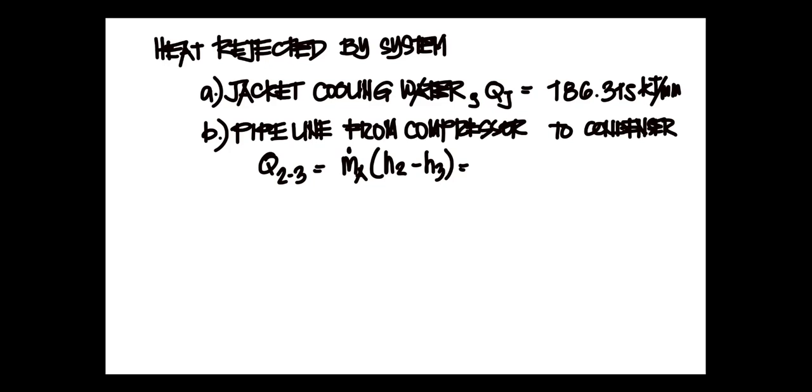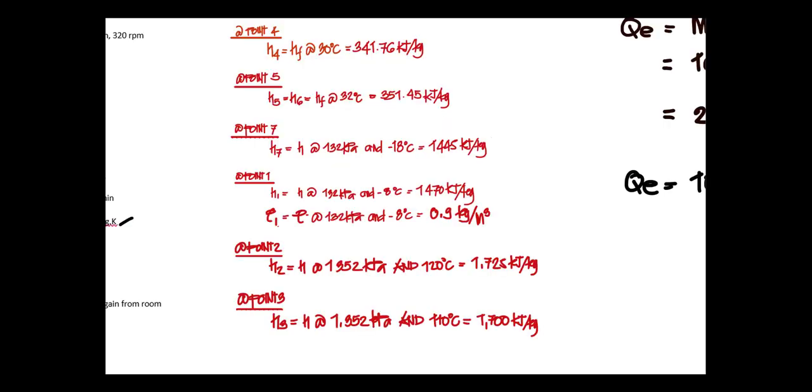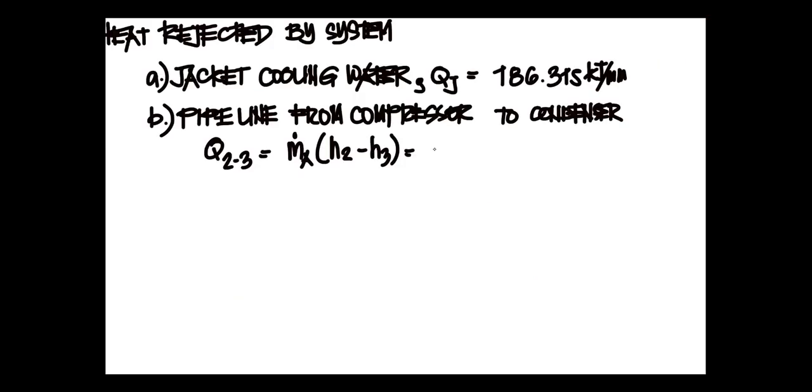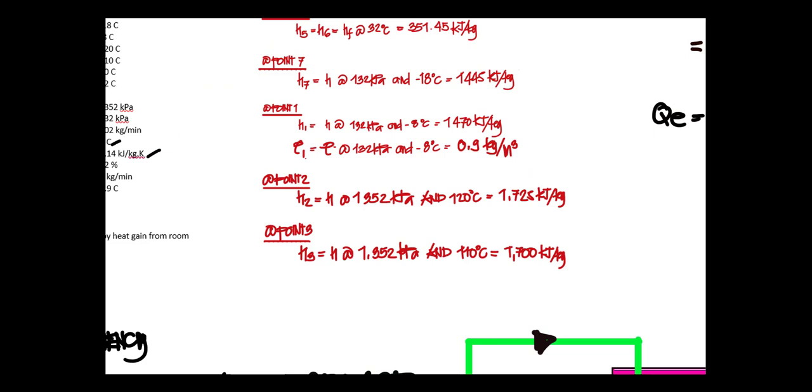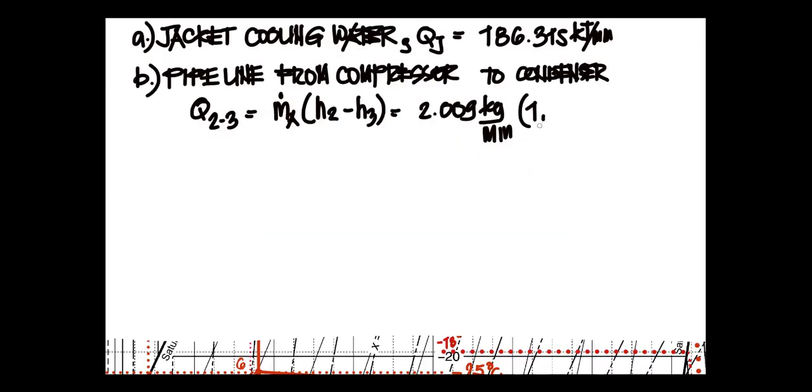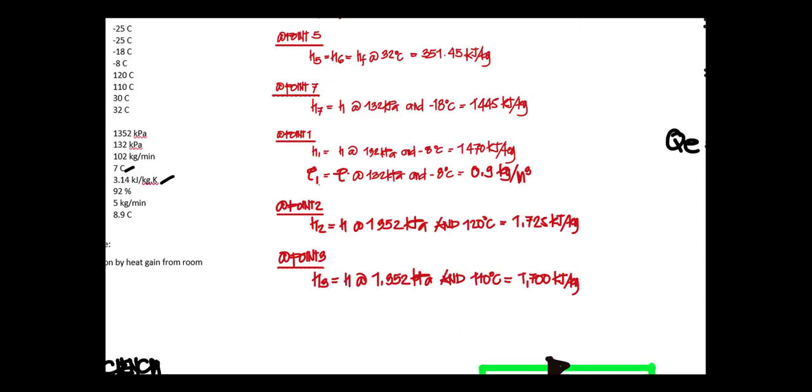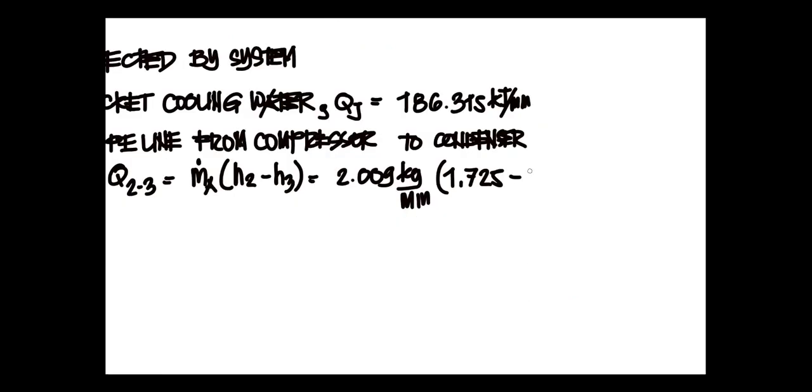So for the value of enthalpy 2, looking back from our data gathered, we have 1725. Our mass flow rate of ammonia is 2.009 kilogram per minute. Then we shall multiply it by 1725 minus the enthalpy at point 3. At point 3 we have 1700, kilojoule per kilogram.